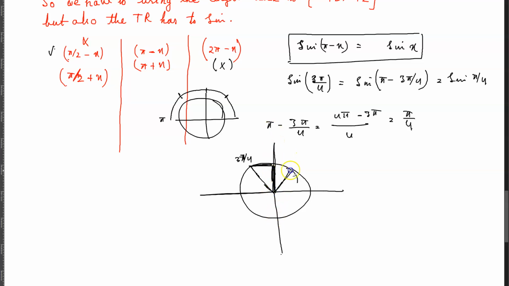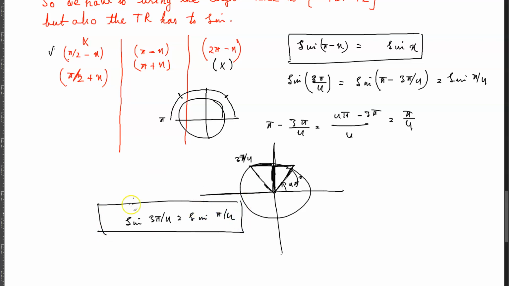Of course, I know that if I draw this angle, the sine of the two angles are going to be the same, and this angle is just simply 45 degrees. That means that, 135 degrees, I can say that the sine of 3 pi by 4 is just simply equal to the sine of pi by 4. And that's the end of the story. I could have told you this in just 5 or 10 seconds. But the goal here is to work with these formulas to get the hang of them, because you're going to need them.